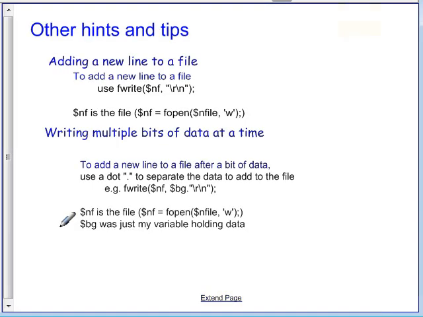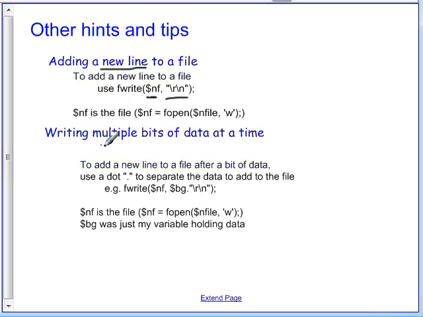Some hints and tips in terms of files: you can add a new line to the end of the file, like an end of line character, by using these symbols, \r\n. So we're going to write to, in this case, $nf, the file name, these symbols, and that will then put the next thing you write on a new line.